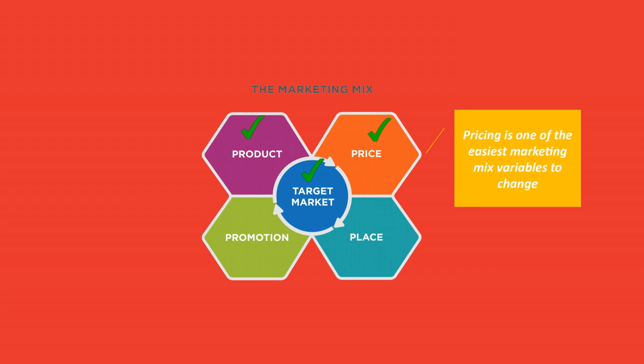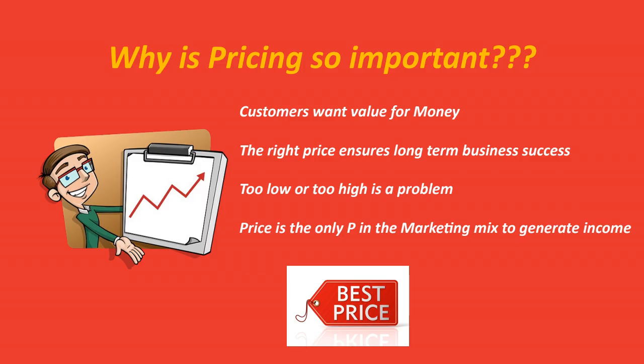So pricing is a critical element of the marketing mix, and it's also a very flexible element of the marketing mix. It's much more difficult to change your product, what it is and how it works, all your promotional material and your distribution compared to your price. So I just wanted to make that point in the beginning.